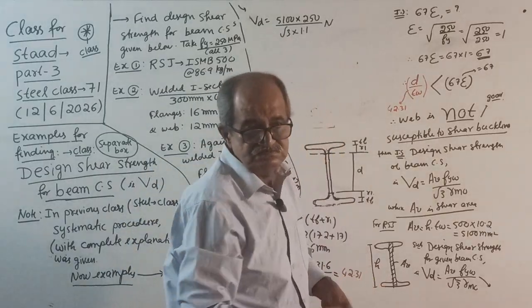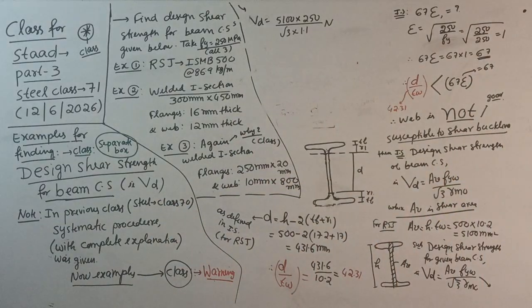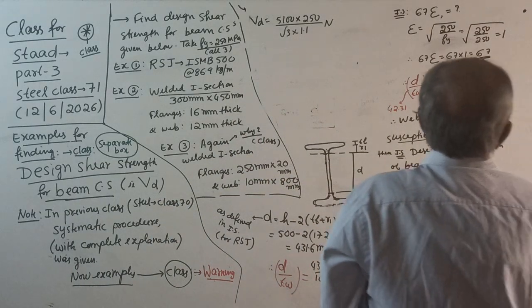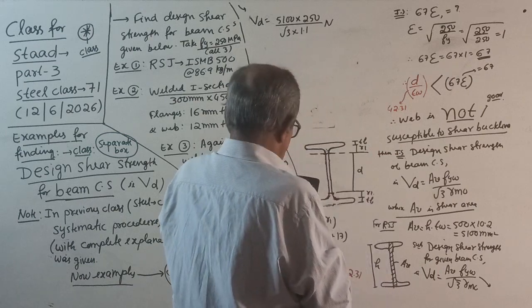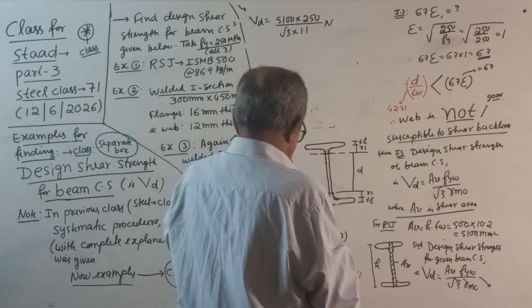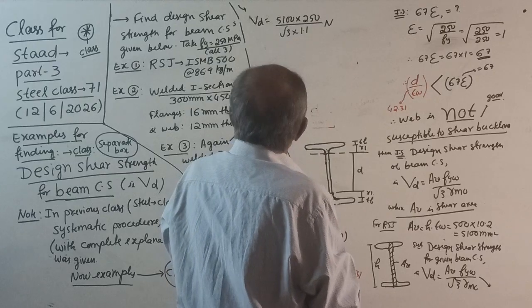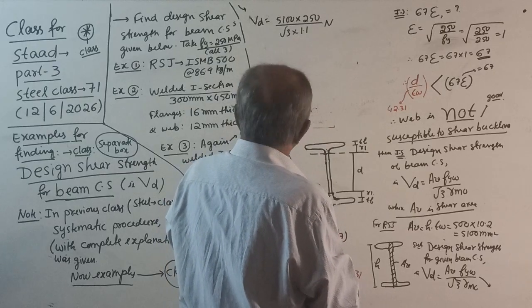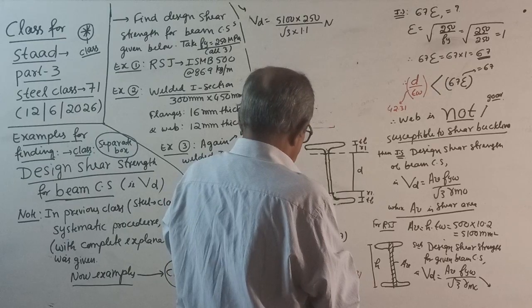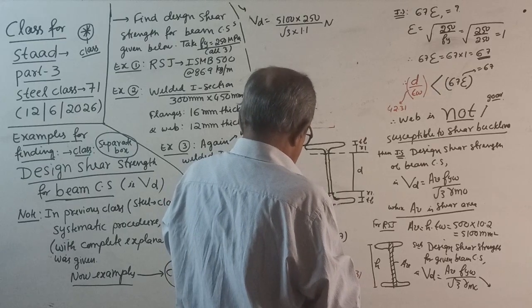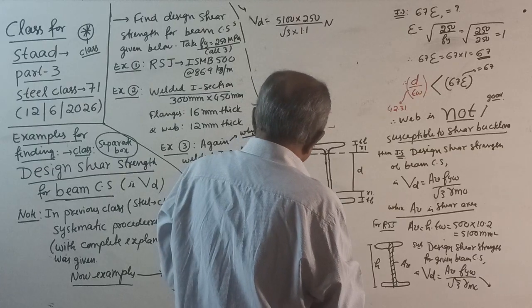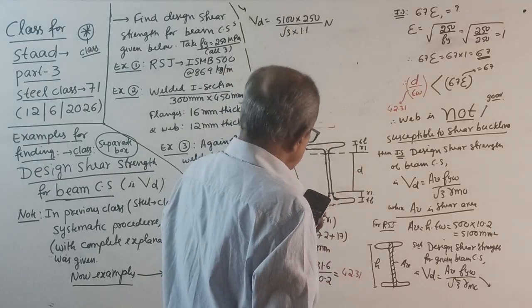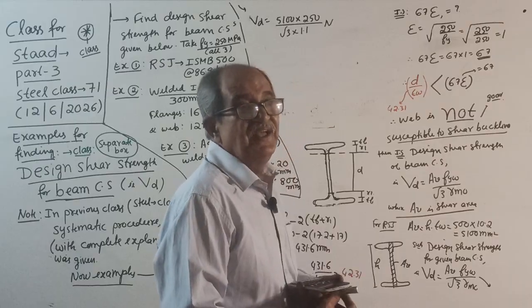One minute. It is not 66. I put here 5100 into 250 divided by root 3 divided by 1.1. Oh, it is not 66, it is 660.